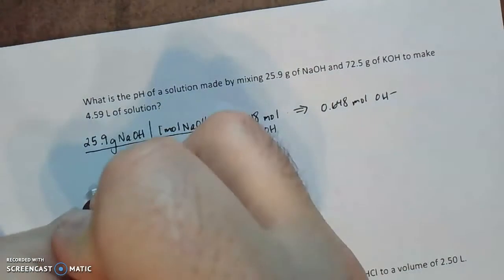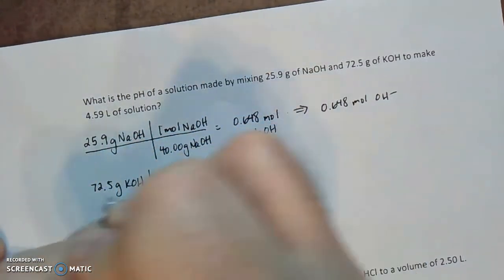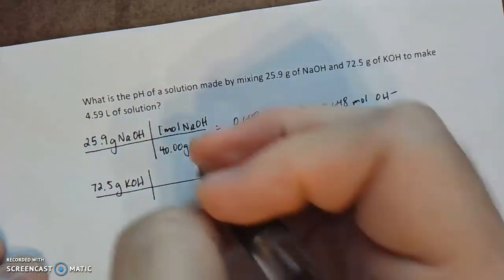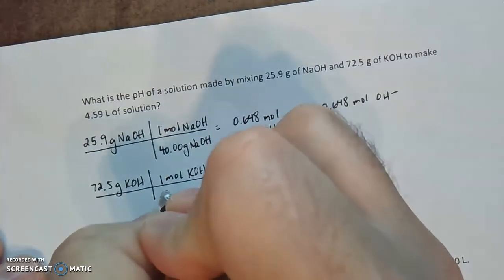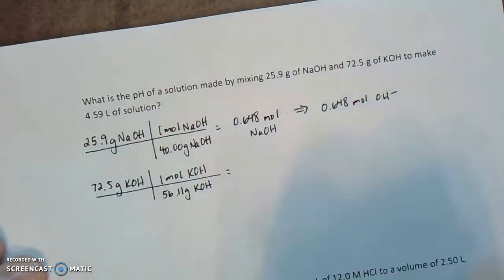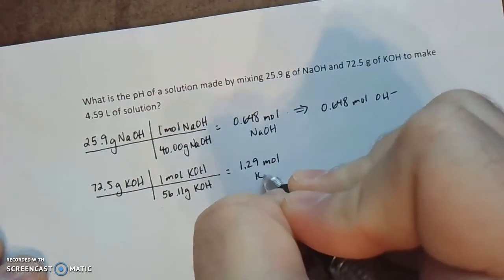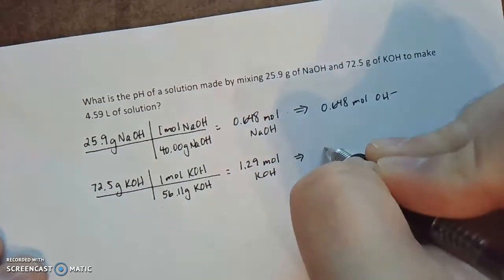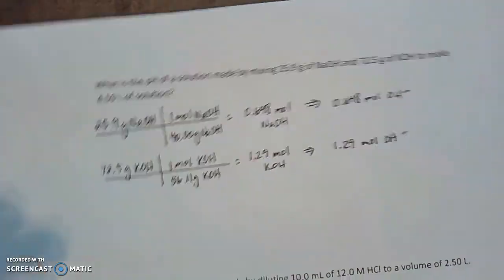I'm going to do the same thing with our KOH. The only thing that really changes are the amount that we're given and its formula mass. It's a little bit higher than NaOH. So that gives us 1.29 moles of KOH and 1.29 moles of OH minus.